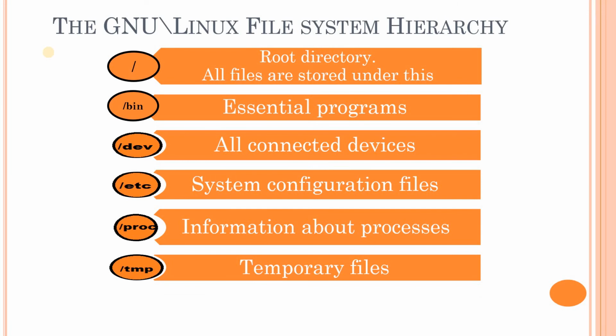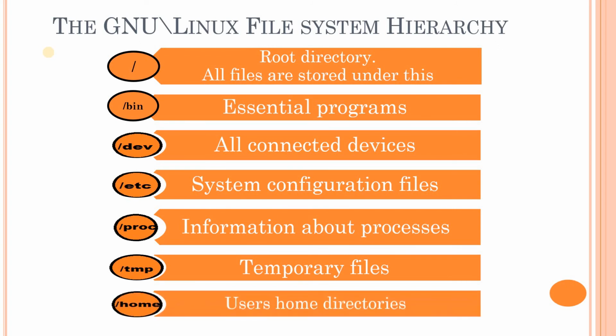Next, /tmp. Temporary files are stored here. Last one, /home. This is the user's home directory. All the files that we are going to create are going to be stored in this directory. There are many more directories present in the file system hierarchy. These are a few of them.